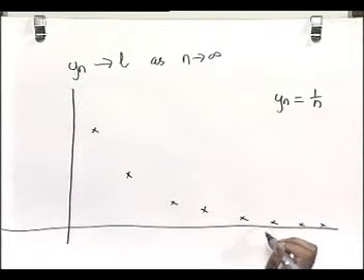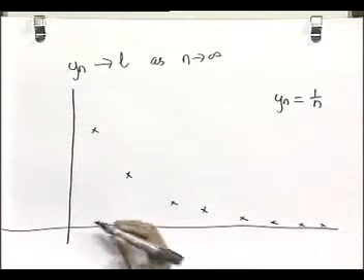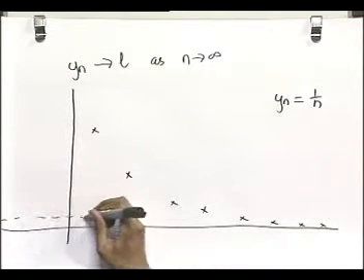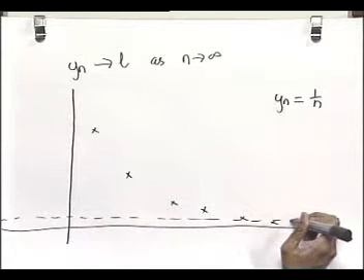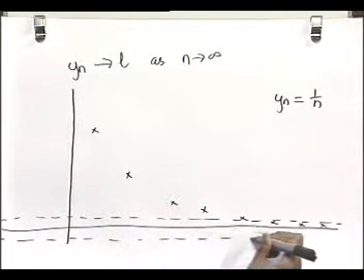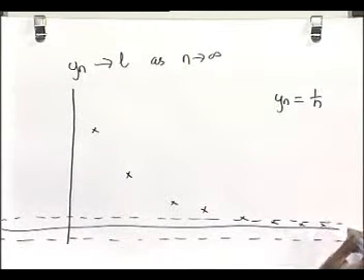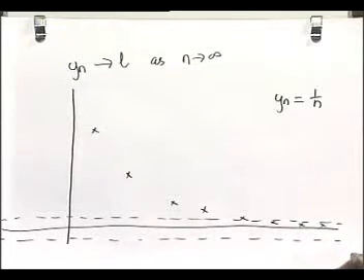Now this sequence tended to 0 because eventually the points on this sequence get as close to 0 as I like. So however small a distance I choose, the points in the sequence will eventually get within that boundary from 0 and stay in there.